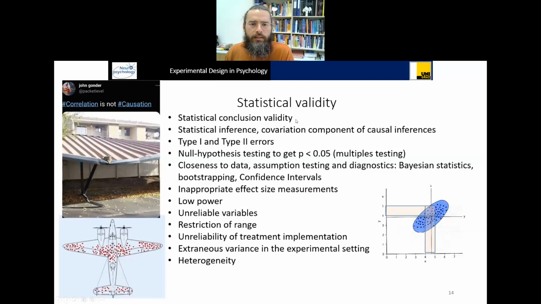So the statistical conclusion validity describes your ability to interpret the results you measured in terms of an implementation of your theory. And it's never perfect, so it's always also a question of good operationalization.